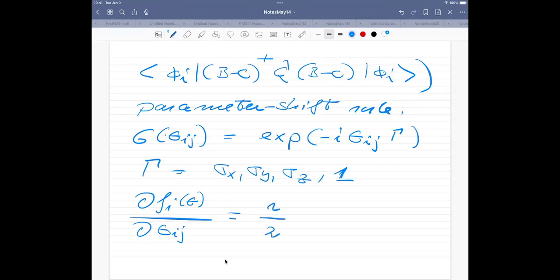So r is a shift which we add, and this r is the eigenvalue of the Pauli matrices. We have only two eigenvalues, either plus or minus r. If you think of the Pauli Z matrix, it has eigenvalues minus 1 and plus 1. Then we have a phi of i.